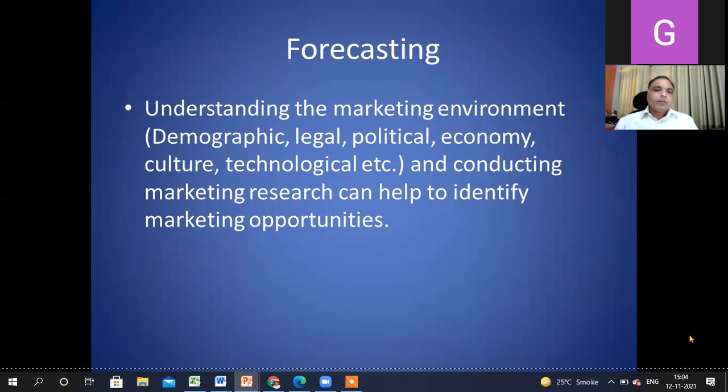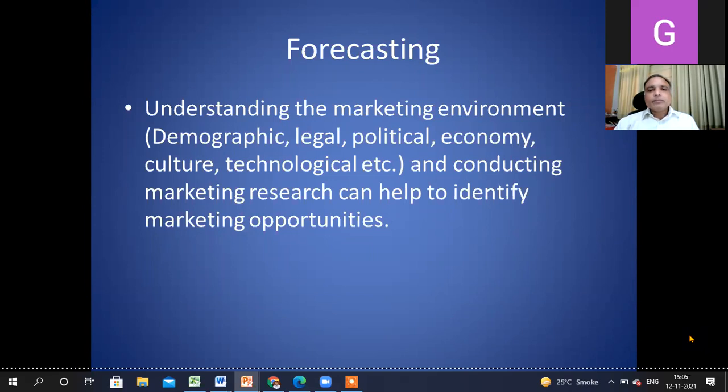So this marketing environment consists of demographic, legal, political, economy, culture, and technology, etc. Demographic, we have already discussed, is about millennials, people in the age of 18 to 35, born after 1991, I believe, or 1985.